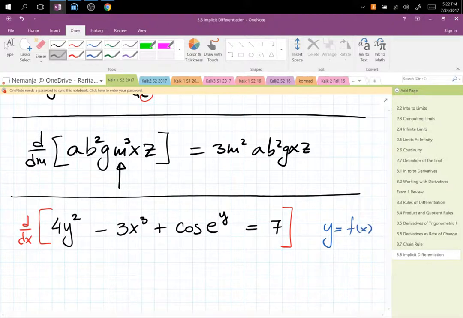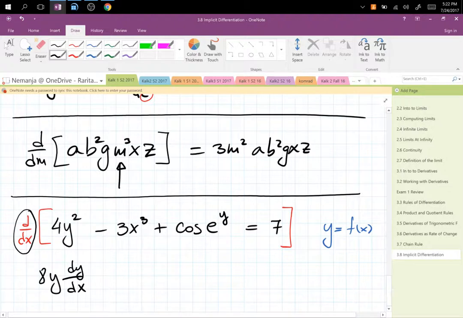So now what I'm going to do is I'm going to say 8y dy dx. I'm following with a chain. Guys, what I did is I said I'm applying this to a y, and that's why there it is, applied to the y.